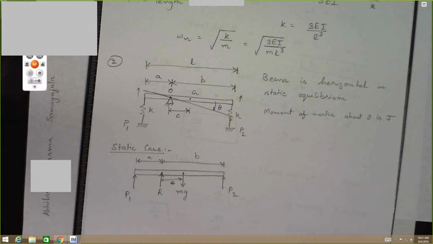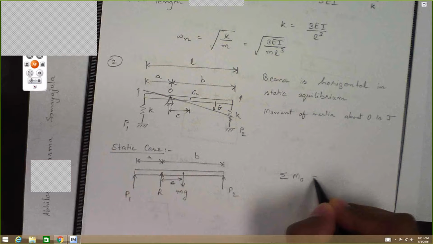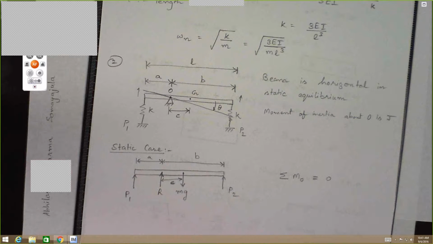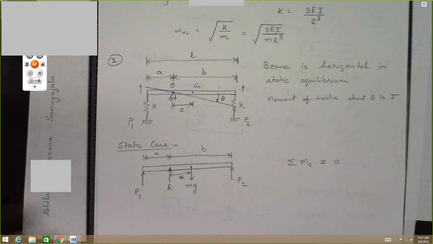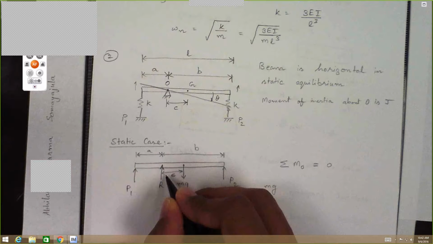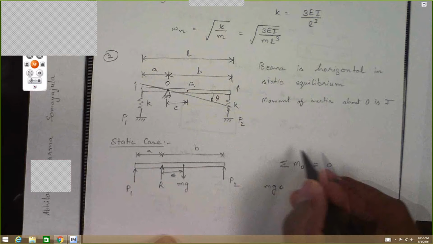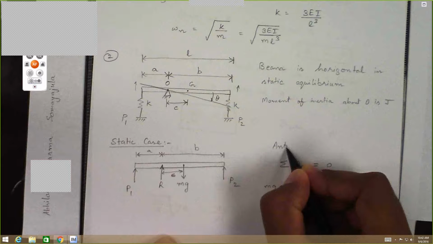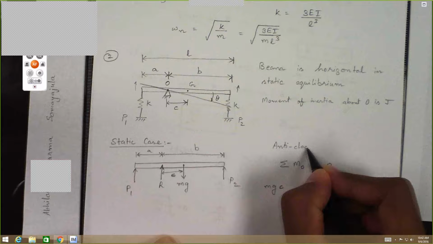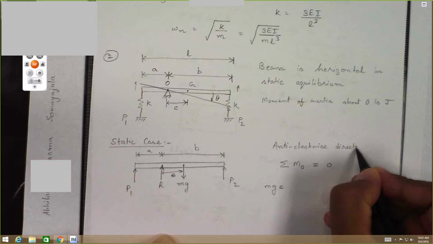Since all of our rotations are happening about O, let's consider the sum of the moments about O. We know that in the static case, this must be equal to 0. So that means mg times the distance c. Let's consider the anti-clockwise direction as positive.